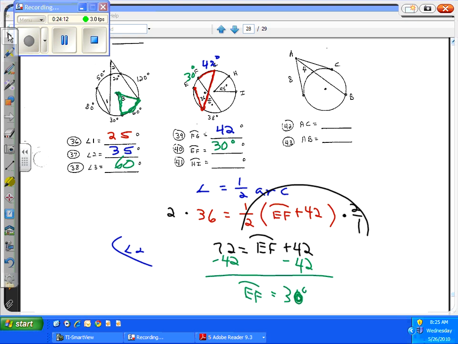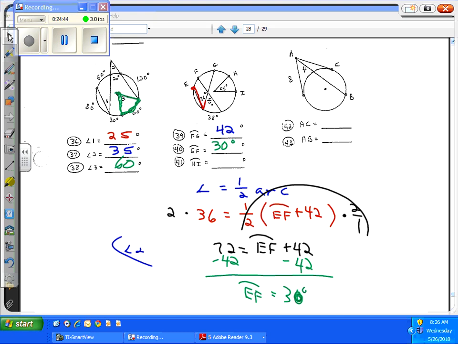The arc that it hits is supposed to be twice the angle 36. Twice 36 is 72 degrees. 30 plus 42 is 72. So that worked out. You can see all the algebra at the bottom of the page. You can see the basic mathematical logic at the top.